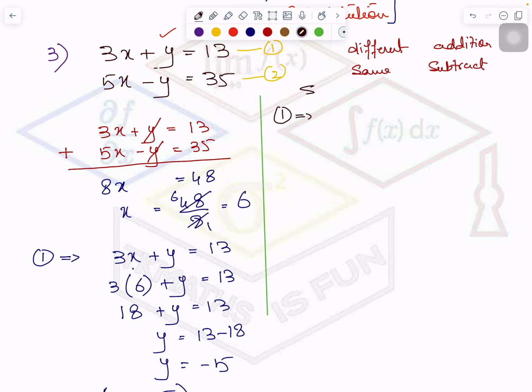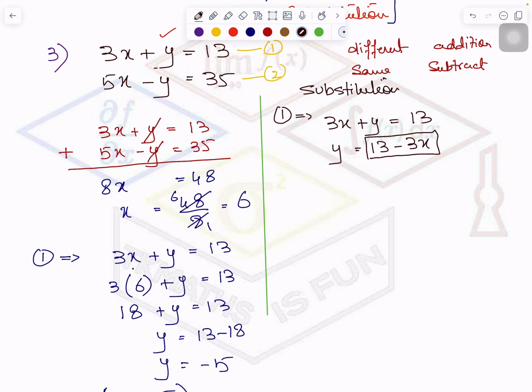Now I'm using which method? Substitution method. Okay. So from equation 1, which is 3x plus y equals 13, I will make y the subject. So 3x I will take to the other side. And you know the reason. When it goes to the other side, the sign changes. Now you know that y is equal to 13 minus 3x.